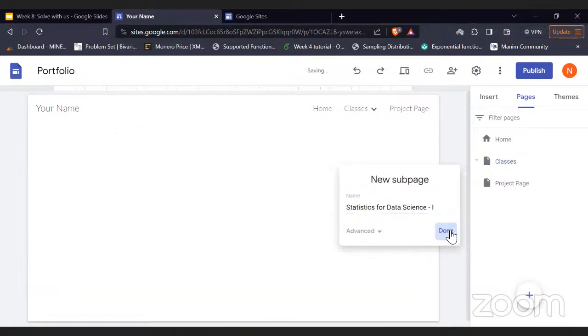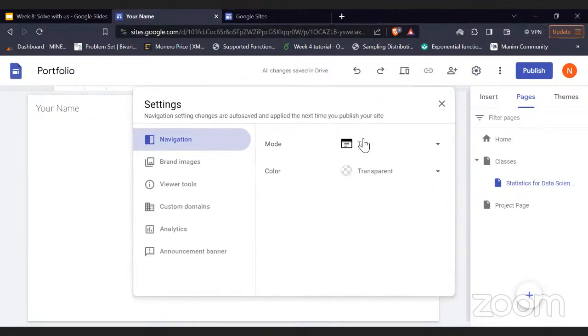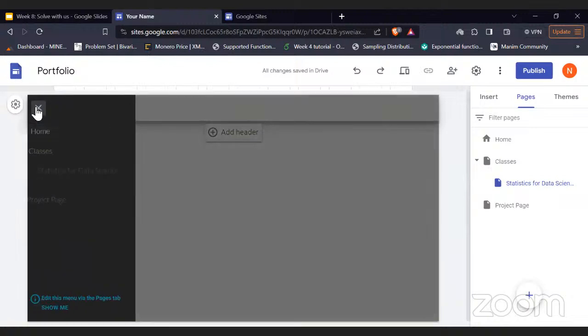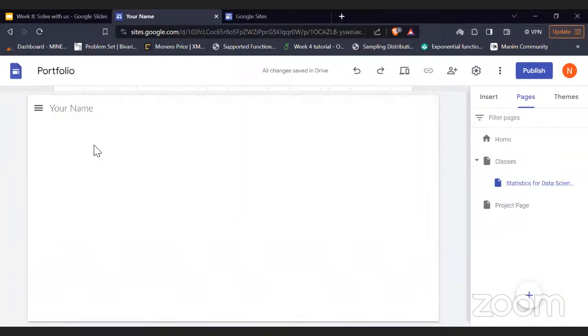And done. I can also go to settings and change this to a side view. You can see now you have Classes, and under Classes you have Statistics for Data Science 1.